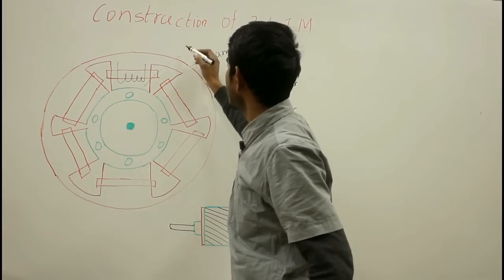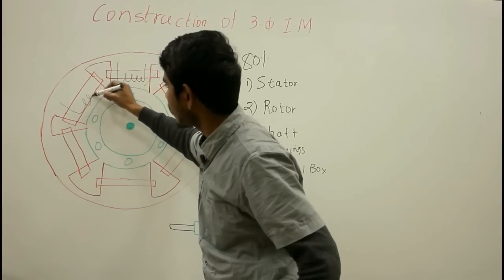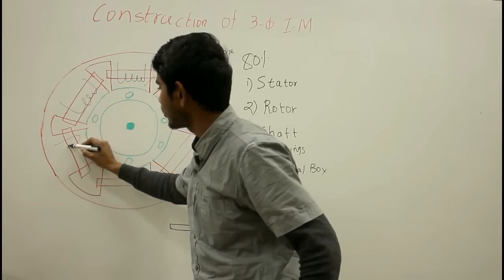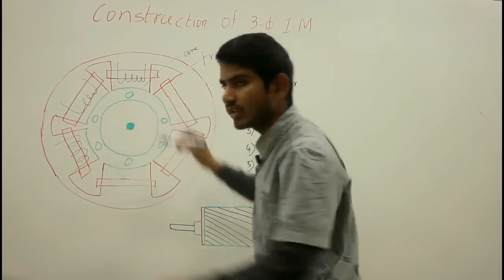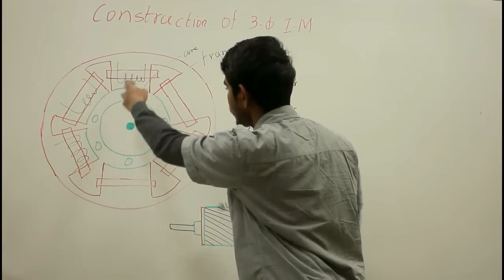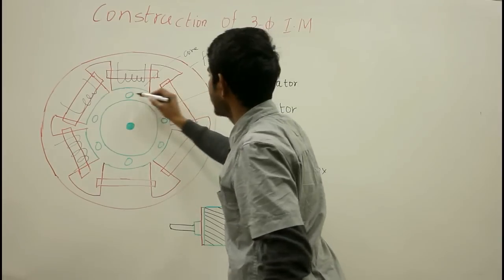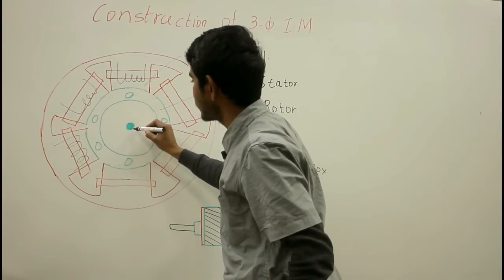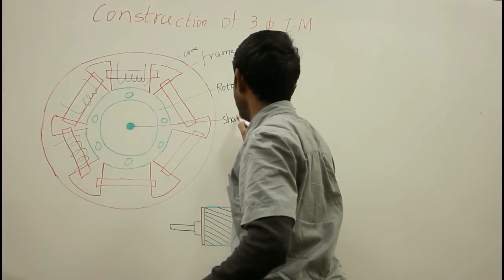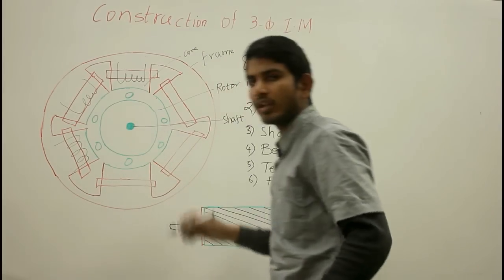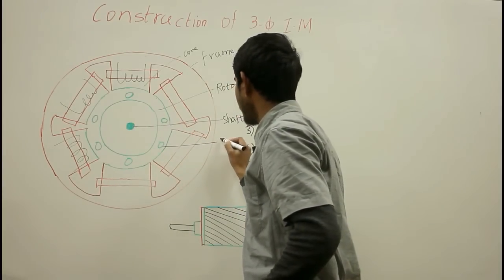Here is the stator core, and these are the windings wound on the stator core or stator slots. Here this represents the rotor with its conductors, and this is the shaft, through which the rotor is connected to the mechanical load.